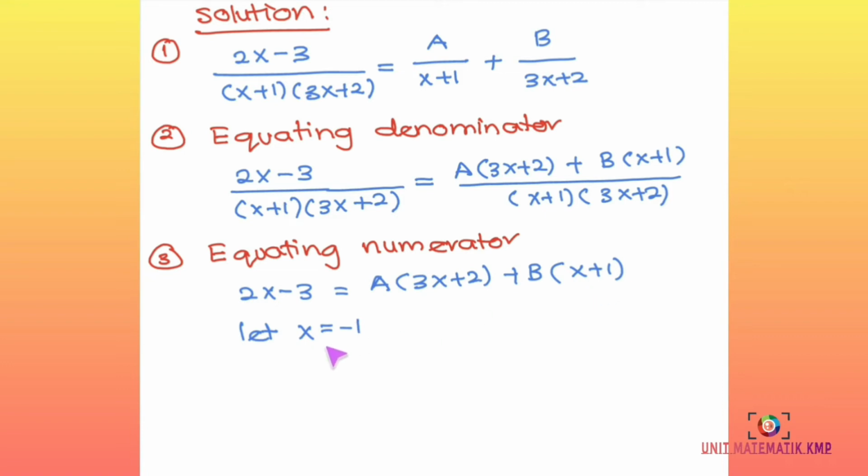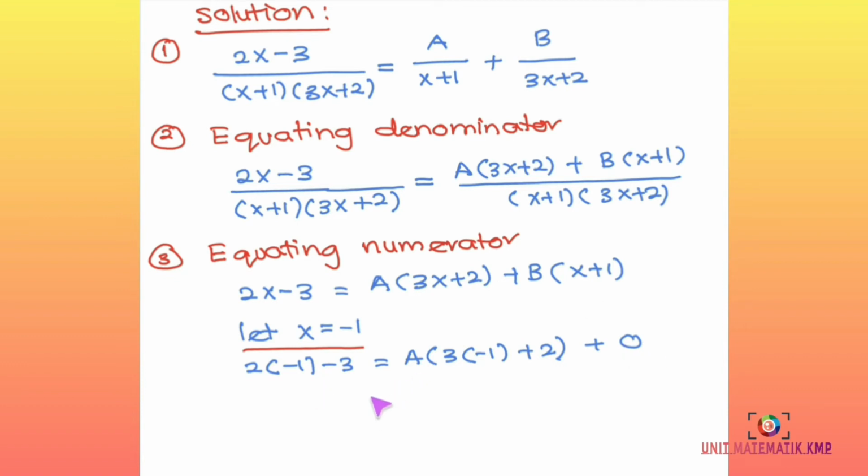Why do I choose x equal to negative 1? Because when we substitute x equal to negative 1, negative 1 plus 1 is 0, so 0 times B is 0, and we can find the value of A. Substituting, we have 2 times negative 1 minus 3 equal to A times (3 times negative 1 plus 2), plus 0, because negative 1 plus 1 is 0 and 0 times B is 0.